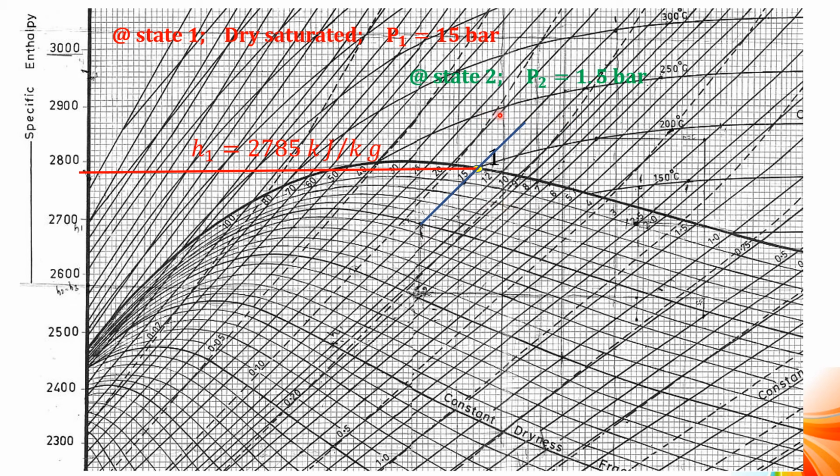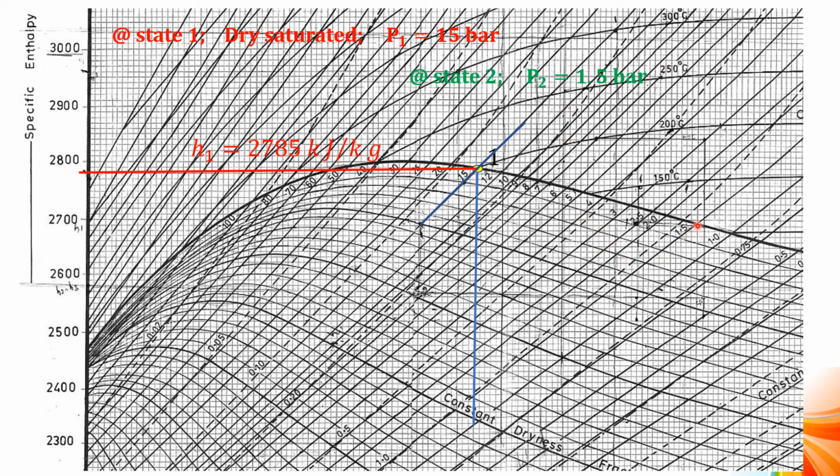Then at state 2, the pressure P2 equal to 1.5 bar. We know the process taking place in the nozzle is an isentropic process. So if the process is isentropic, then the entropy is constant. Therefore, S1 equal to S2. So we have to draw a line from point 1 vertically downwards, that is a constant entropy line. Then we have the pressure of 1.5 bar.